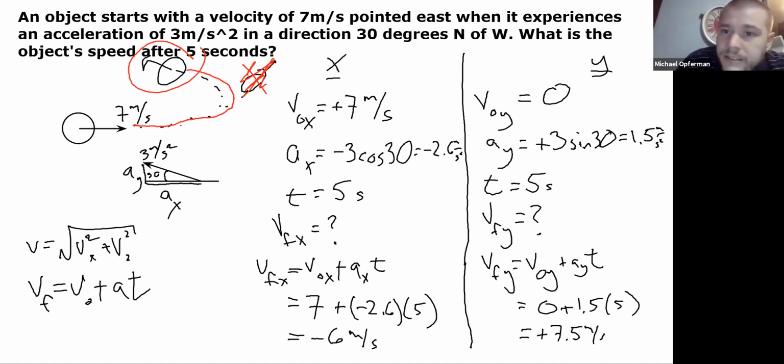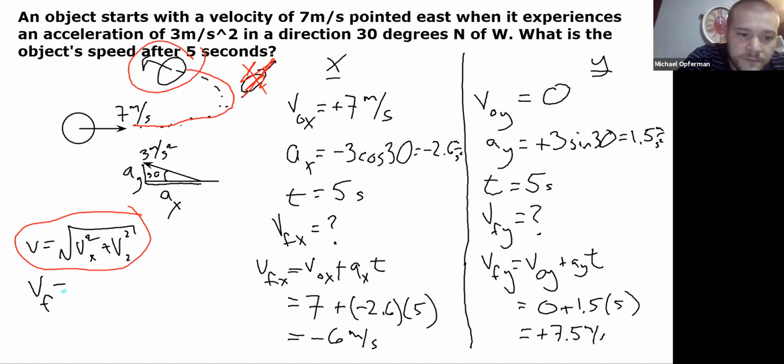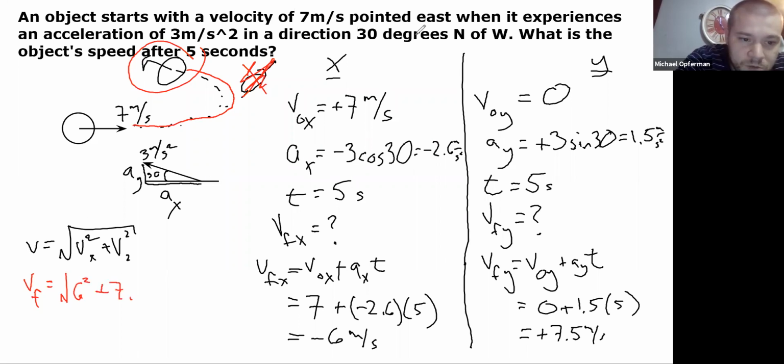Okay, last, I need to use this idea to calculate the speed from the final velocity. So the last thing I need to do is that the final velocity is equal to the square root of 6 squared plus 7.5 squared, where once again I just dropped the negative sign because it's about to get squared anyway.